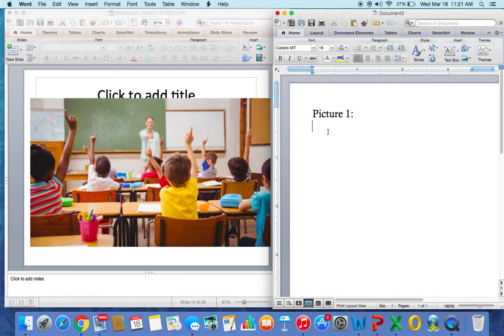So if you're stuck on sentences, you can answer, where are they? You could also write about what they are doing, or who is in the picture. So those are questions to help you write about that. And I'll give you a couple seconds to write maybe 2 or 3 sentences.